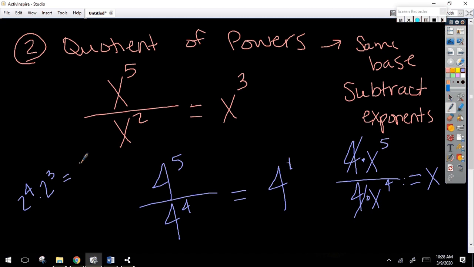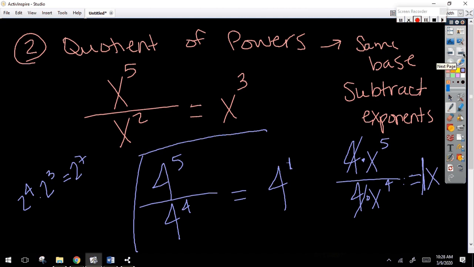It's still 2. Where are you dividing? I'm saying when that's 4 to the 5th over 4 to the 4th, would that not be 1? You can't, you leave the base alone. There's not an X, so that's the difference.